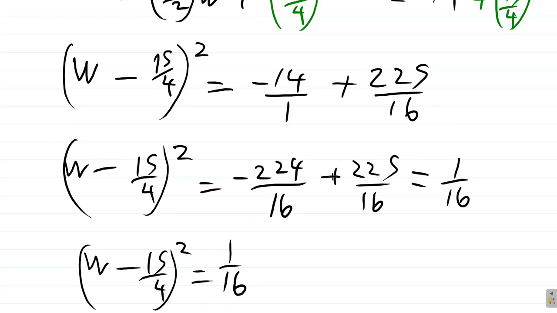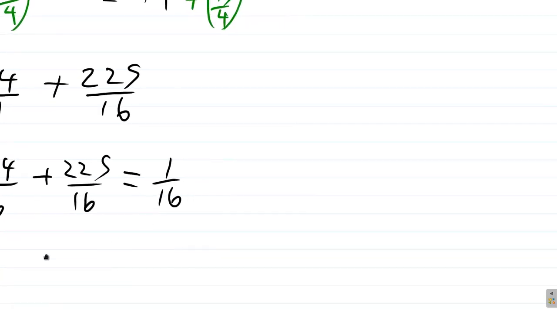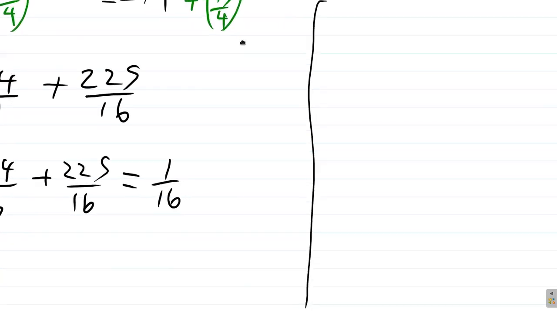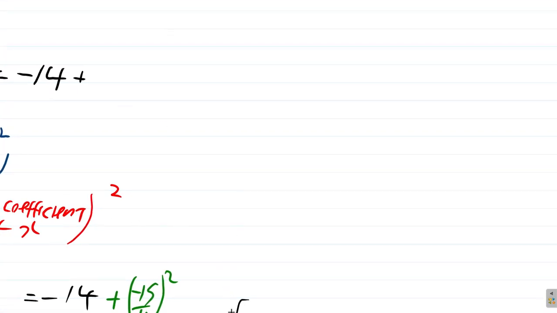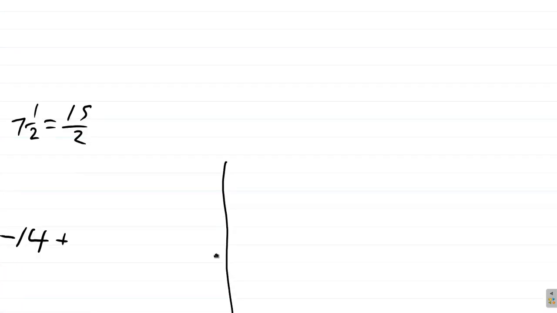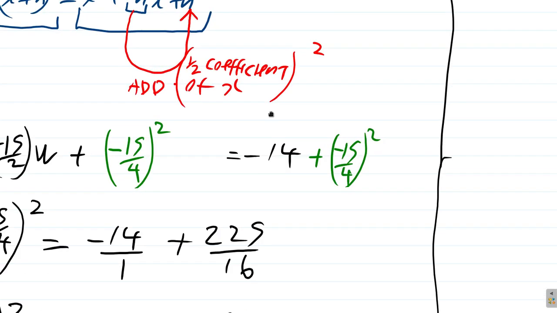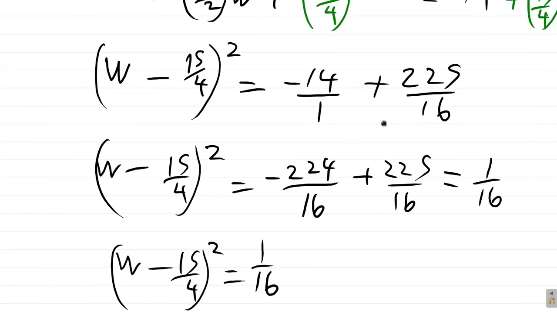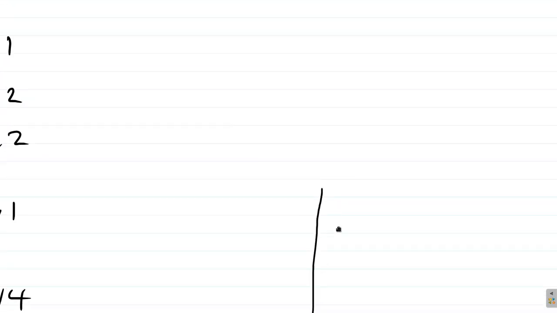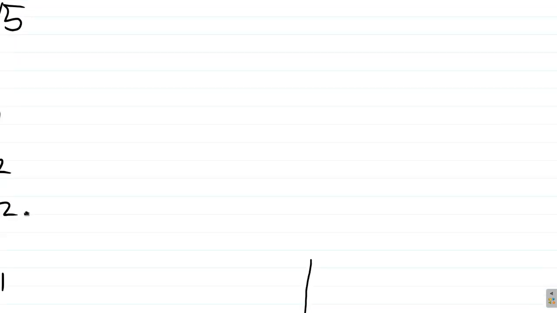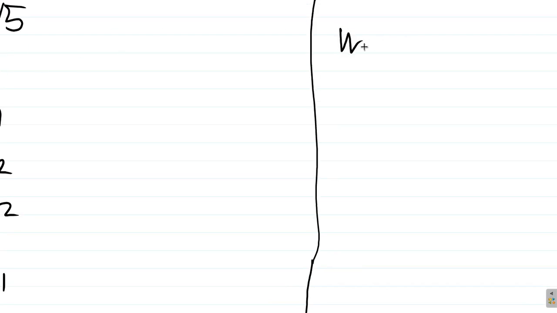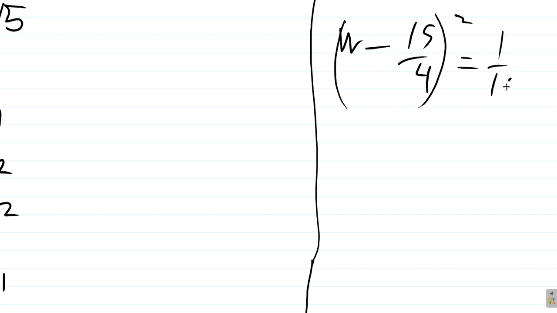We've run out of scrolling space, so let's continue over this side. Let's draw a line first of all to separate the work into two parts. Alright, so (w minus 15 over 4) squared is equal to 1 over 16.